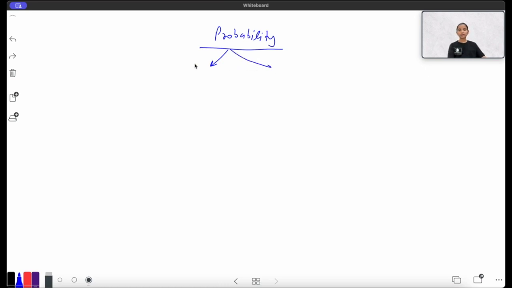The first one is objective. Objective is basically the classical or the frequentist view of probability. And the second one is subjective, and the subjective is related to the Bayesian view of probability.